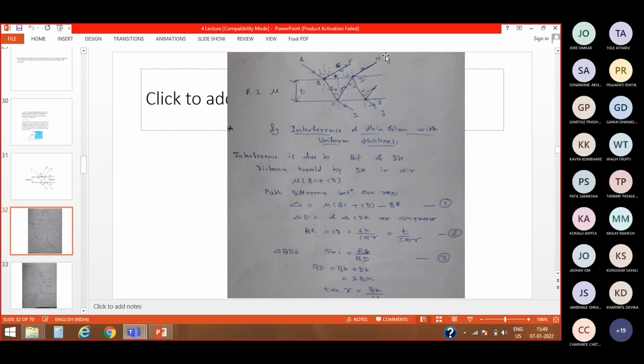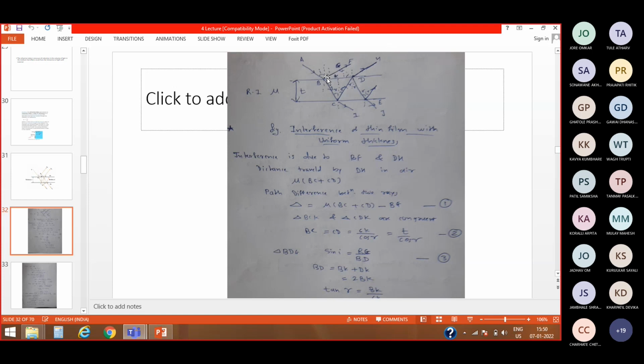The light DH is coming some time later than BF. So there is some difference in the time of reflection of light BF and DH. So that is nothing but the path difference. So there is a path difference between both the rays R1 and R2.